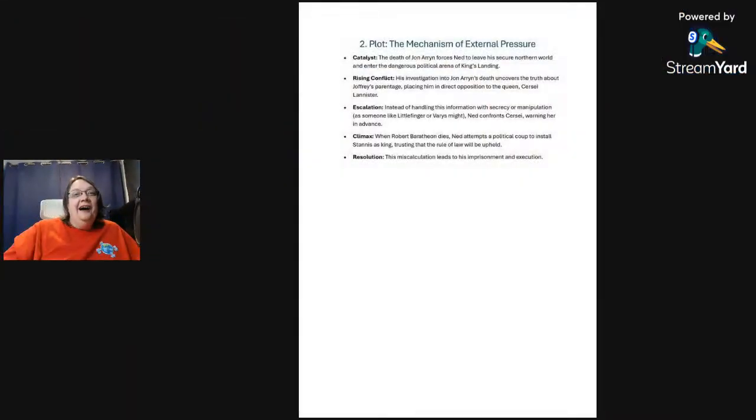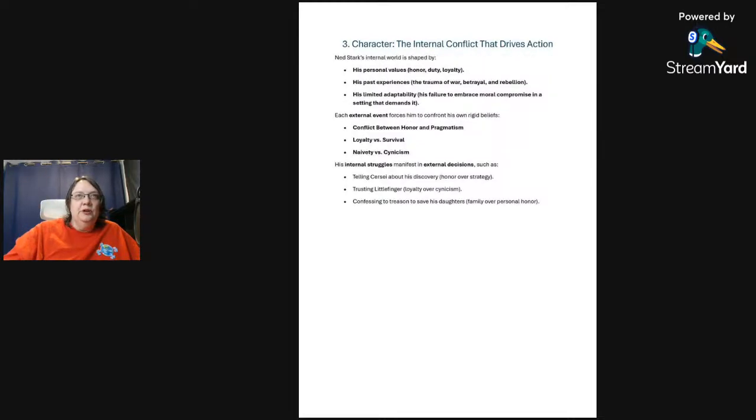All right, so we are talking about our virtuous plot cycle, and we move on to the internal conflict. In the internal conflict, Ned Stark's whole internal world is shaped by this concept of his honor and his past experience in the war. Obviously, he had been instrumental in putting Robert Baratheon on the throne.